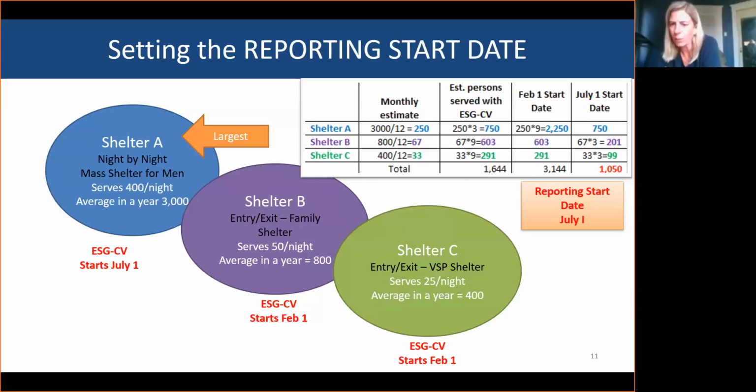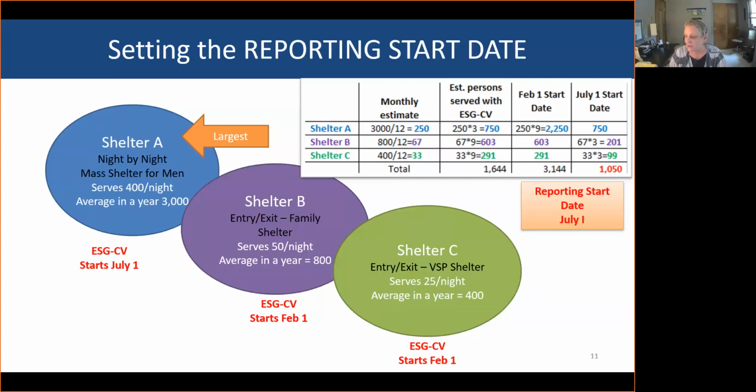Someone asks, why wouldn't the report start date be February 1st for shelter B and C? Because they're all in one bundle. So the initial report is going to carry everything in one bundle to do an unduplication as much as we possibly can.